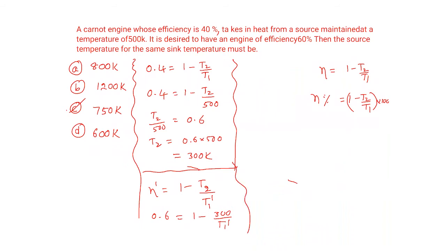So 300 by T1 dash is equal to 0.4. So T1 dash is equal to 300 by 0.4, which is 750 Kelvin. Am I correct, children? 750 Kelvin. In the formula, T2 is always the sink temperature and T1 is the source temperature.